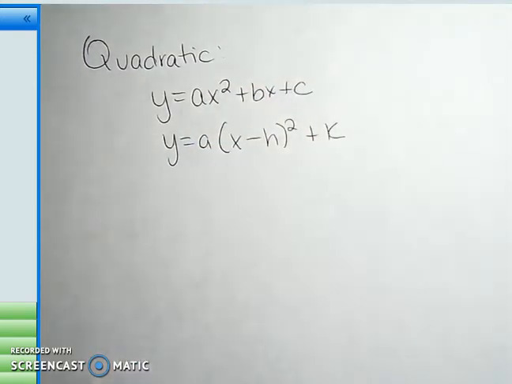You need to be comfortable going back and forth between these two forms and being able to identify anything about a quadratic from them. That being the vertex, the axis of symmetry, the y-intercept, telling me whether it opens up or down, has a maximum or minimum, and all those wonderful details.